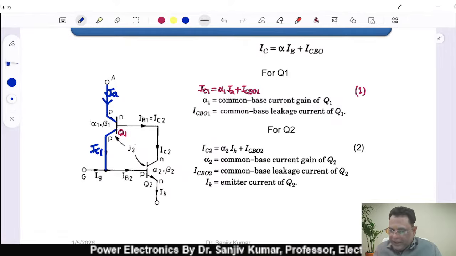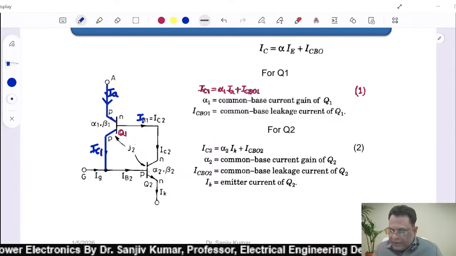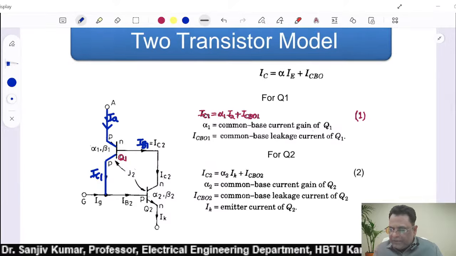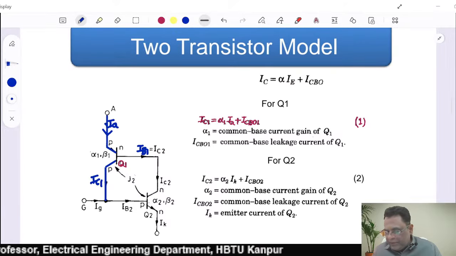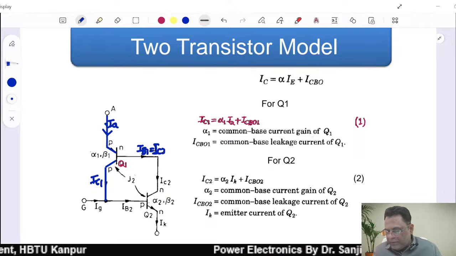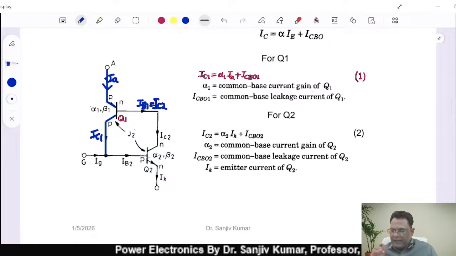This is your base current of transistor 1, IB1, which eventually becomes the collector current IC2, right?